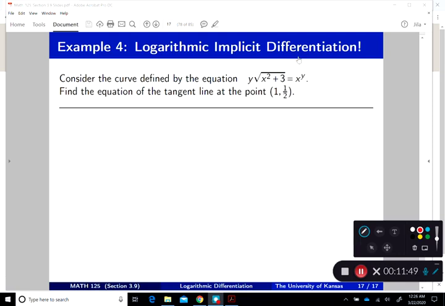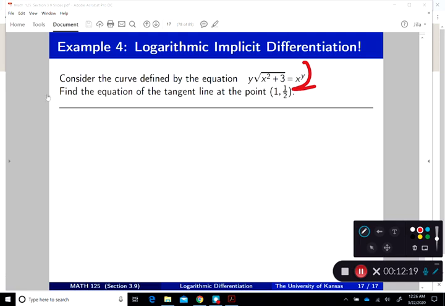Because y is an implicit function of x, and I also have this part that is x to the power y, making it a logarithmic differentiation. And we're trying to find the equation of the tangent line at the point 1 and 1/2.